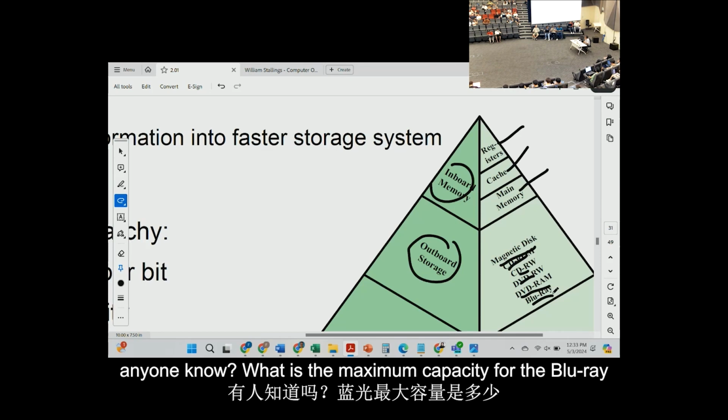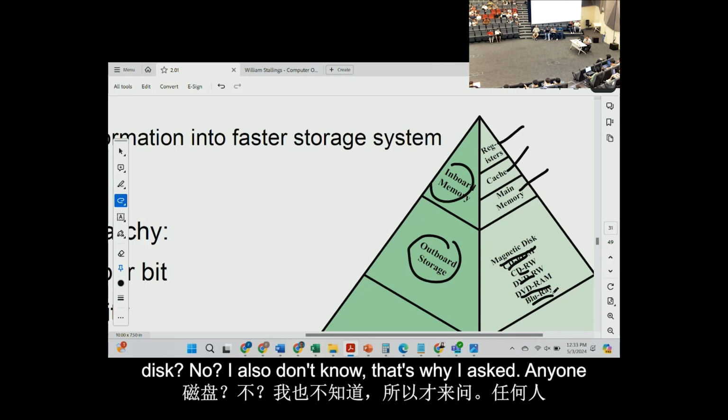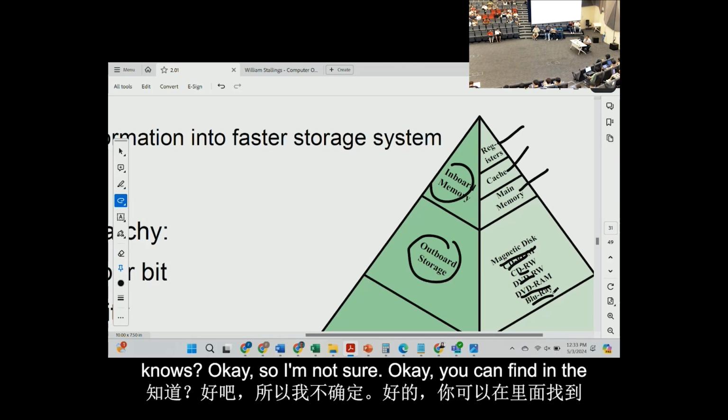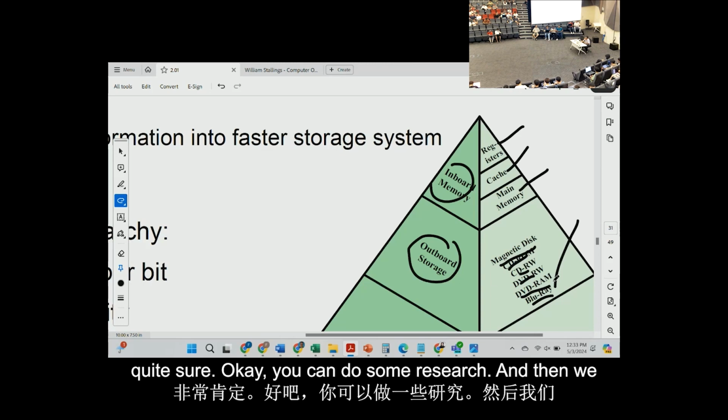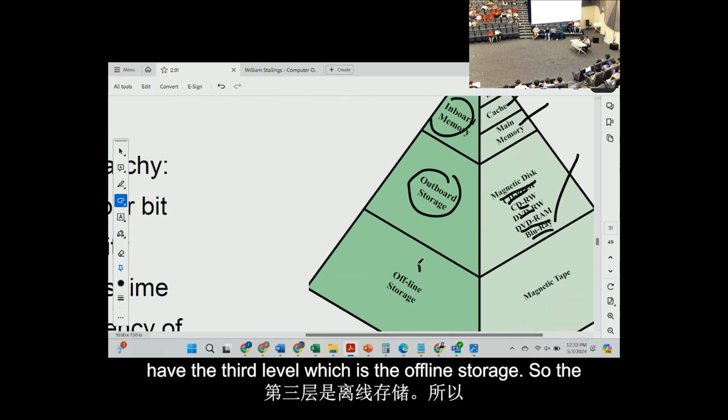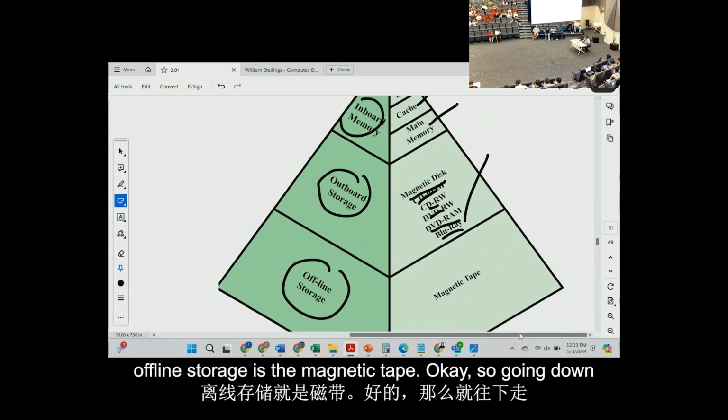No? I also don't know, that's why I asked. Okay, you can find in the market, but I think you can go up to, is it 70? I'm not quite sure. You can do some research. And then we have the third level, which is the offline storage. The offline storage is the magnetic tape.